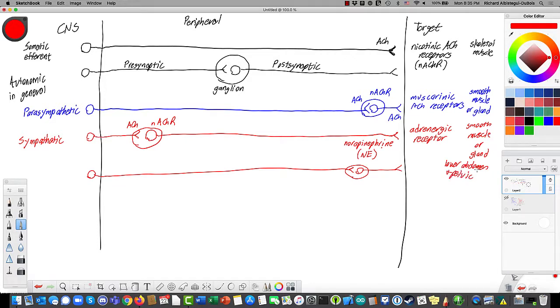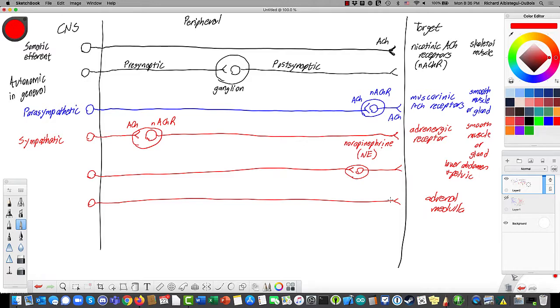So the smooth muscle and gland down in the lower abdomen, that's how those pathways usually work. And then there is one pathway where there is no ganglion. This one is specifically going to the adrenal medulla. We'll talk a little bit about how that works. And in that case, this is still a preganglionic cell, so it's still releasing acetylcholine.